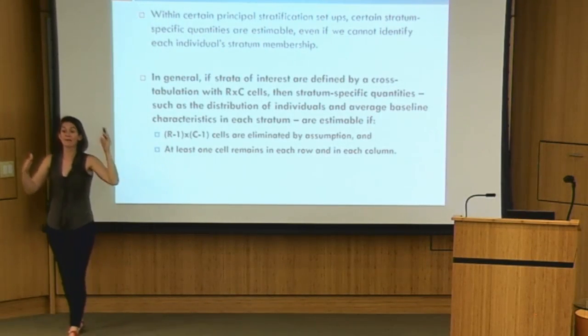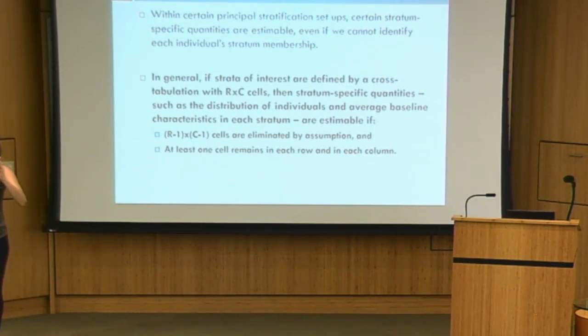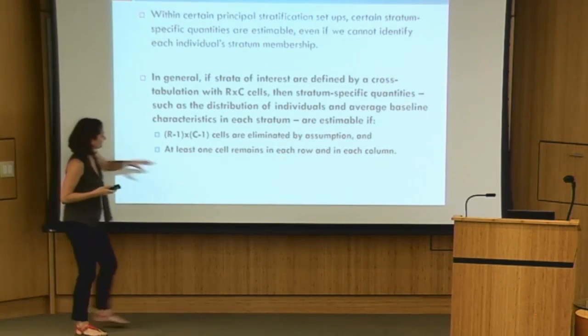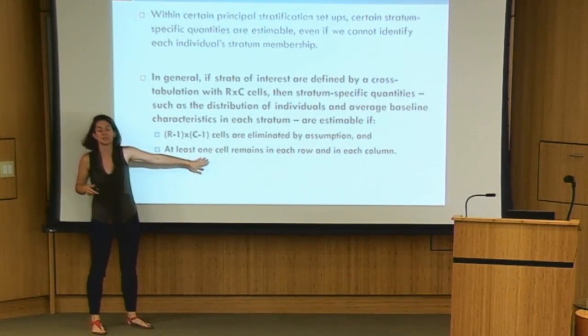So for example, if you have a 3 by 3, you need to be able to X out 4 boxes, and at least one cell remains in each row and each column.